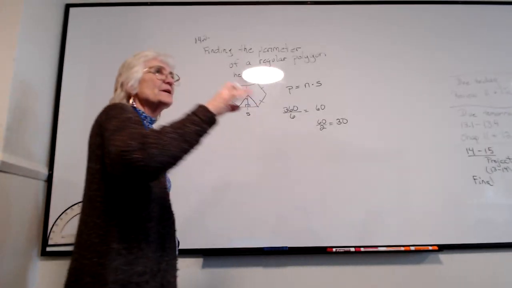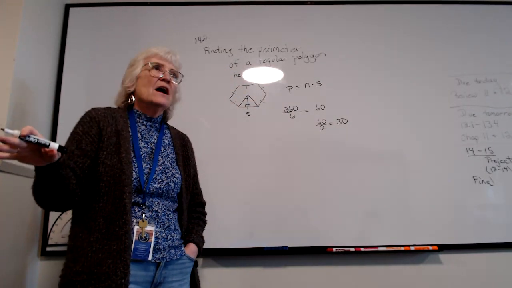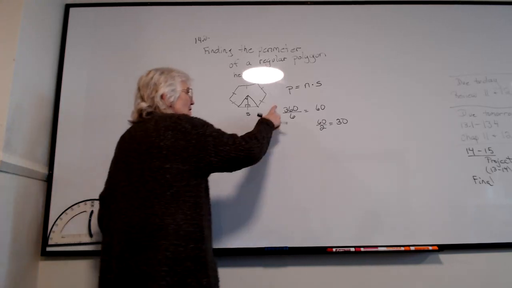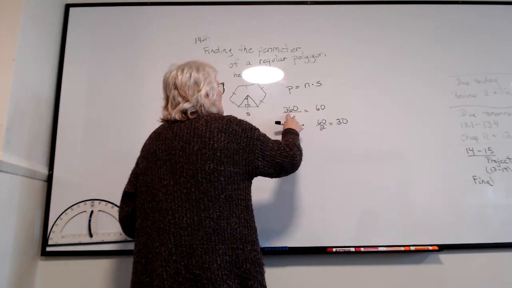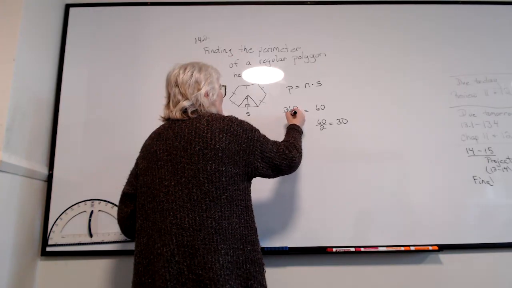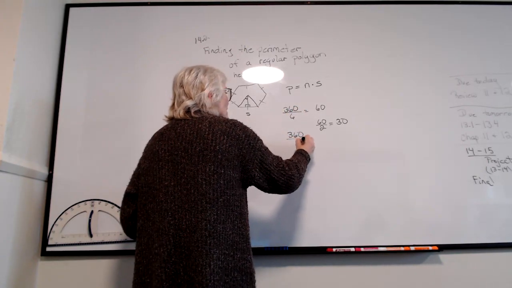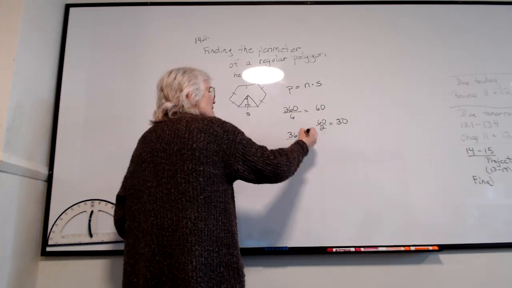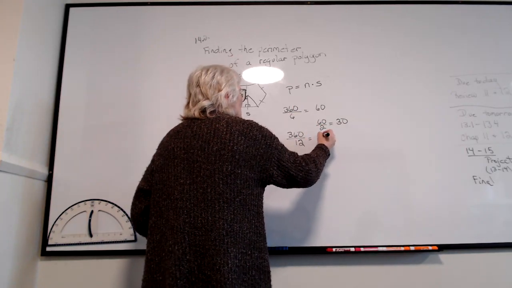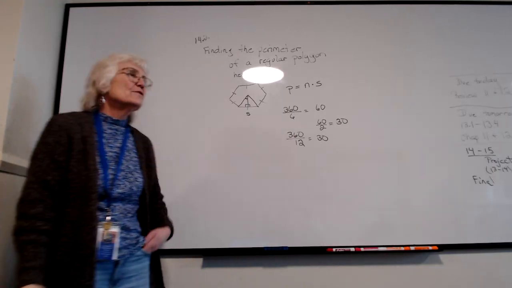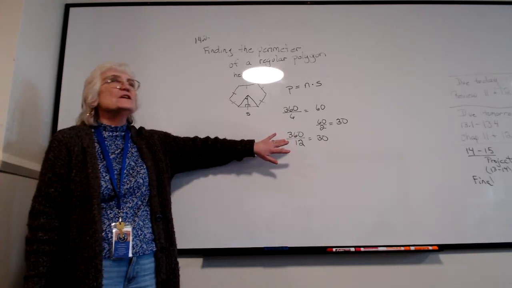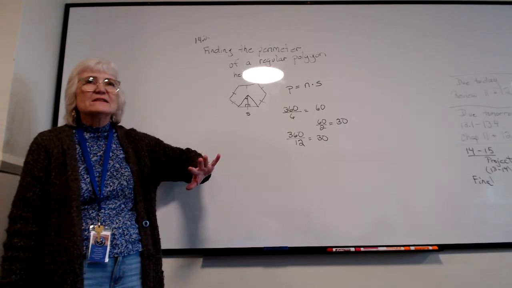They use the formula like this. Because we have to divide by this, instead of dividing by 6, I take 360 divided by 12, twice n, that will also give me 30. So you can do it one of two ways.